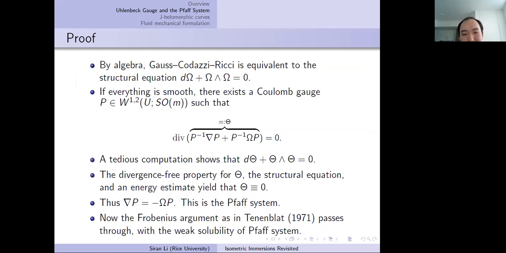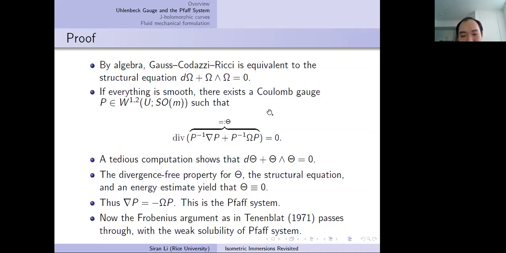So let me sketch the proof. First of all, the equivalence between the Gauss-Codazzi-Ricci equations and the second structural equation, this one, is classical. It follows from a direct computation, and of course, their weak formulations also agree. Now let's assume for the moment that everything is smooth.